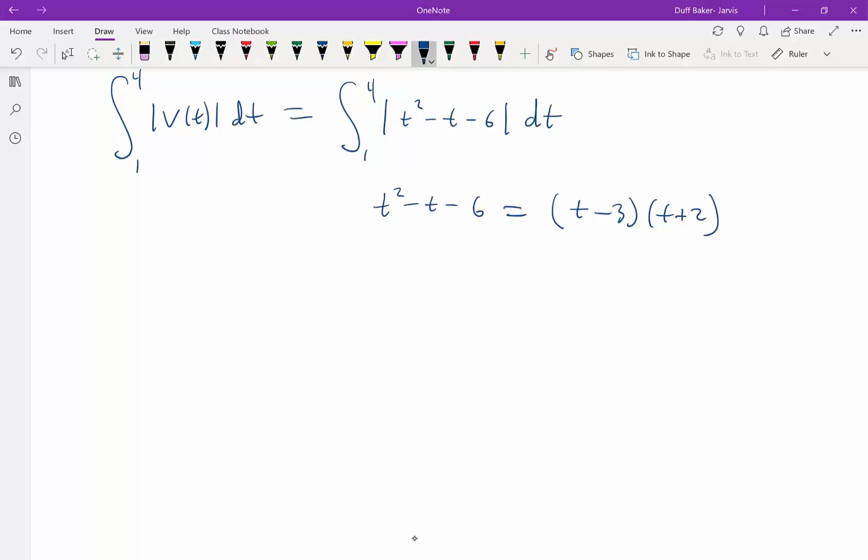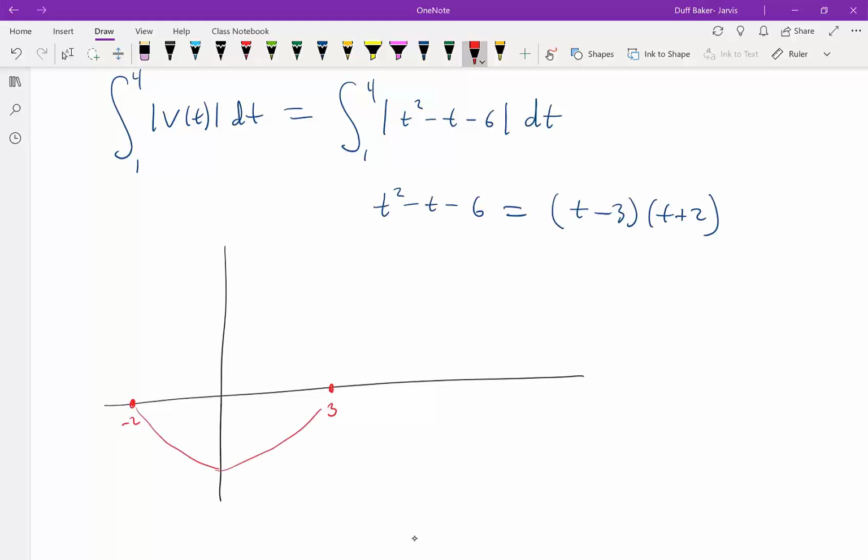So if we graph that, it means it's an upward facing parabola, and it passes through the x-axis at 3 and minus 2. So 3 and minus 2, upward facing parabola. It probably doesn't have its min at 0.